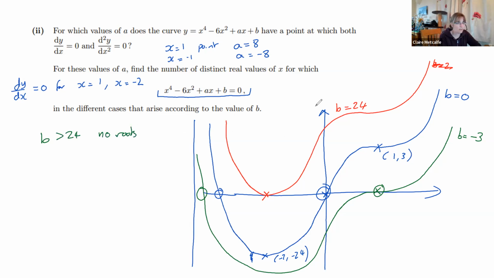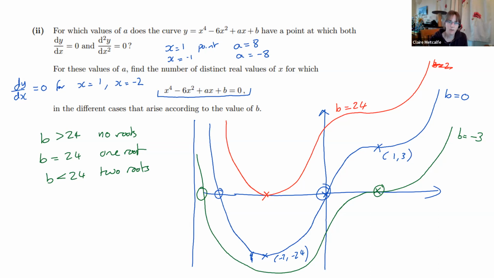So that's higher than that red line. When b equals 24, we have 1 root. When b is less than 24, we have 2 roots. And we're always going to have 2 roots as b gets even less than 24. Okay, so that was when a equaled 8.